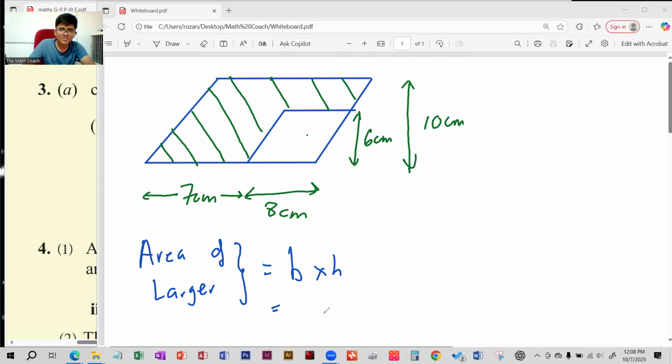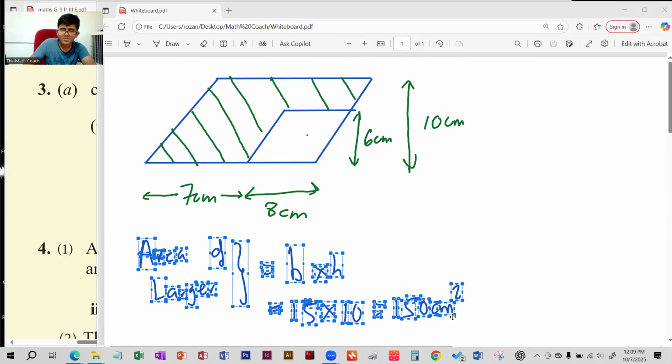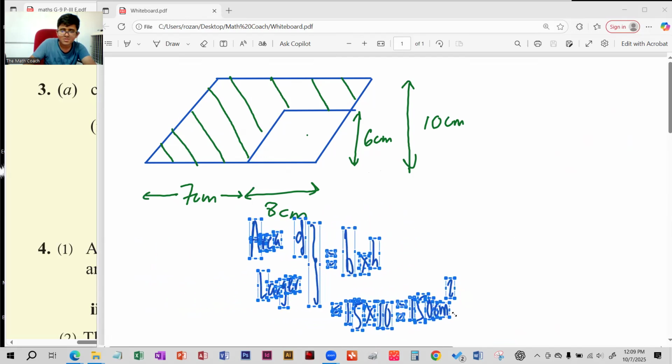So we have 15 here. So 15 into, we are actually finding the big parallelogram here. So 15 into 10, 150 centimeters squared. I'll make it smaller now.